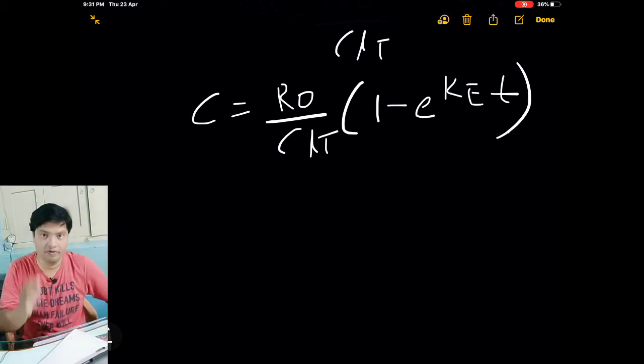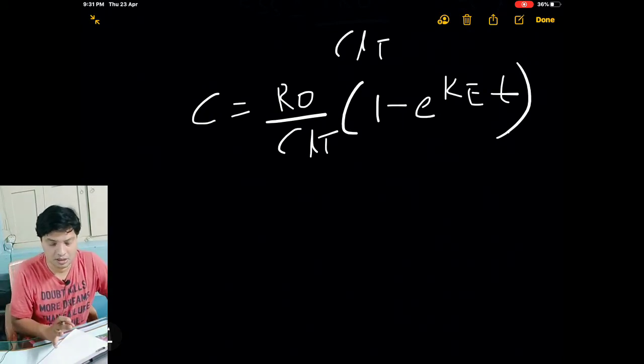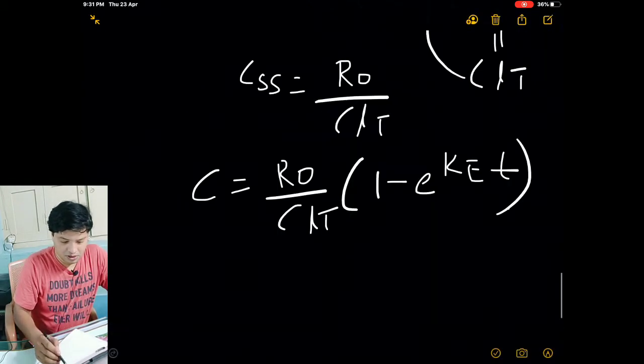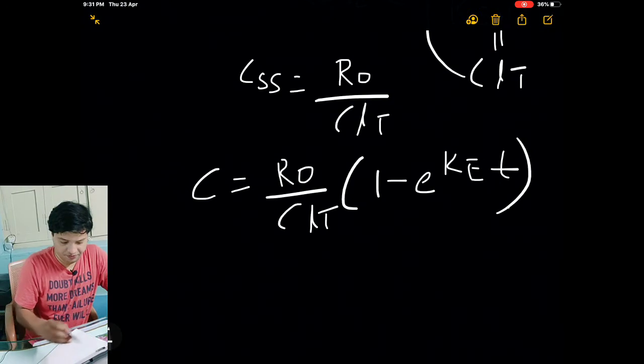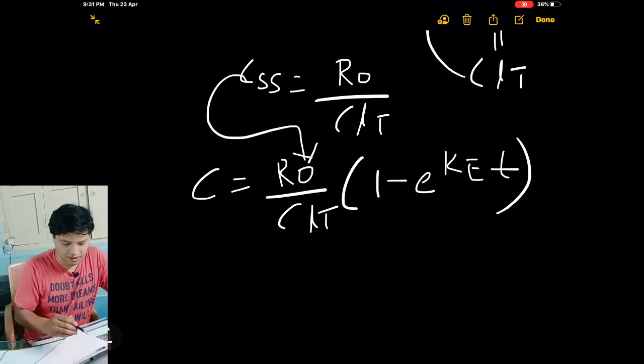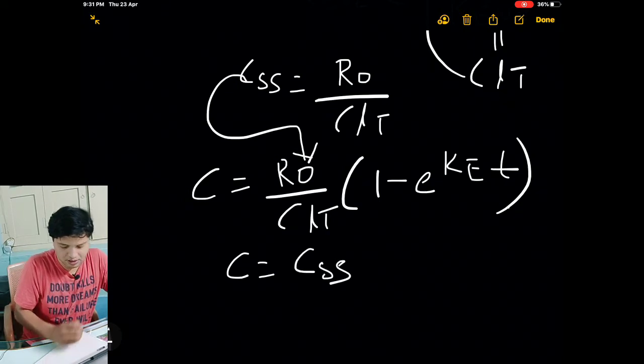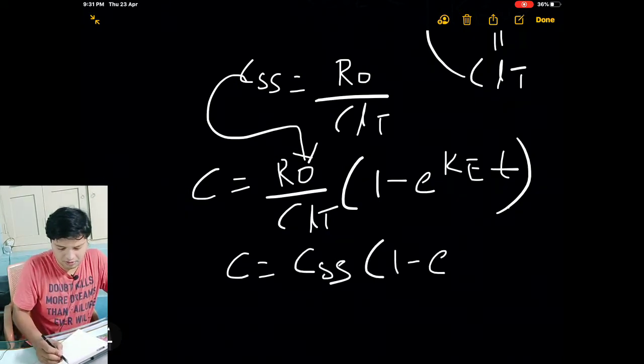Remember, I told you we need that equation to derive the steady state concentration. So here you substitute the above equation, what will we get? Concentration is equal to steady state concentration into 1 minus e to the power of minus Ke T.